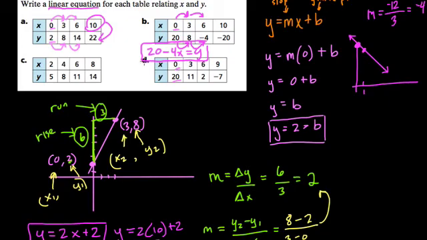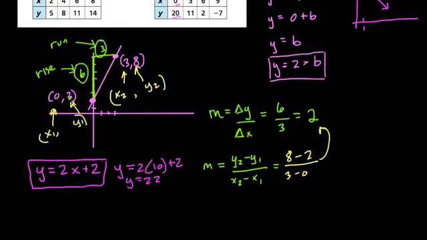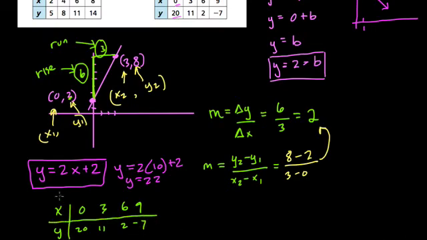I'm going to work with part D next, but I'm going to rewrite the table down here so you can see it. Now D just says that x equals 0, 3, 6, and 9, and then the corresponding y values are 20, 11, 2, and negative 7. So again, this is a linear equation, so we're looking for a constant slope. As x goes up by 3, y goes down by 9, and this happens every time.